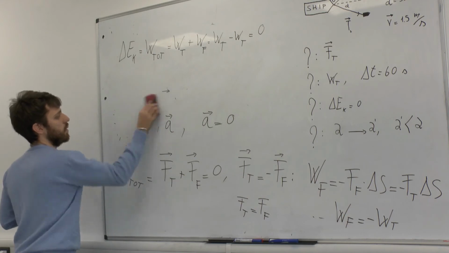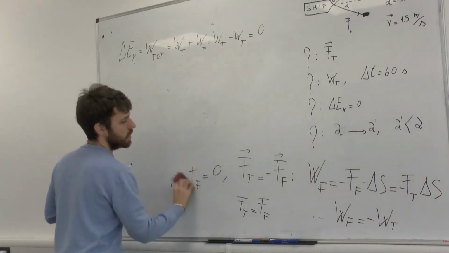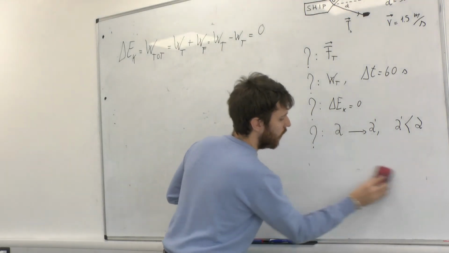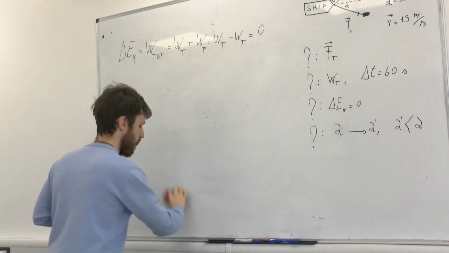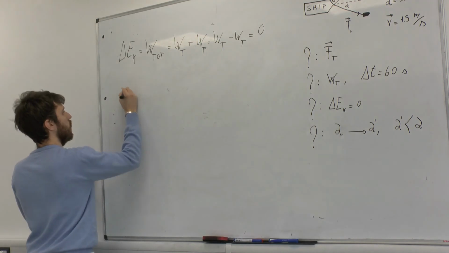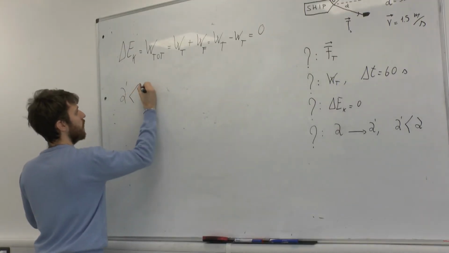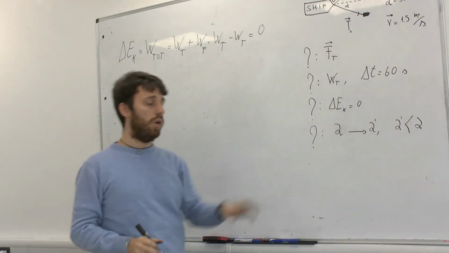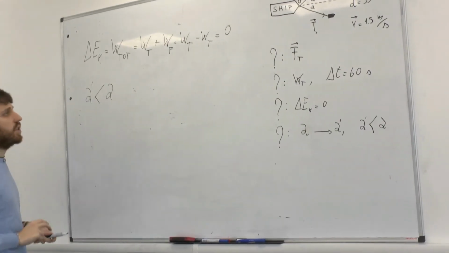At the end, let's consider a new angle, let's call it alpha prime, which is smaller than the original angle alpha, and the tensions T1 and T2 are still the same in each cable.